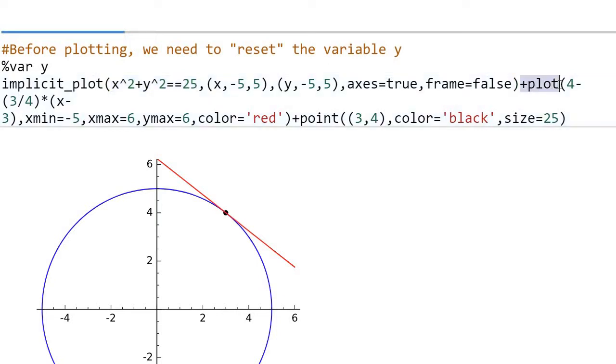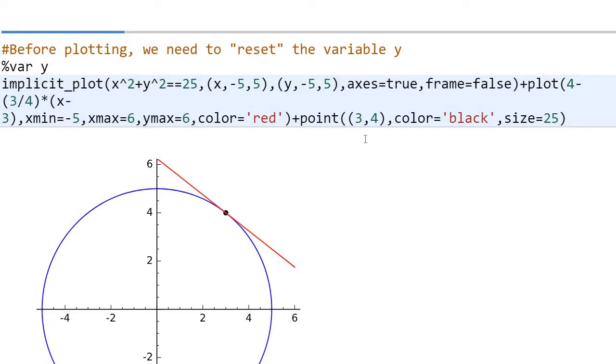And then we're just going to add on a regular plot. We don't need implicit plot to graph the tangent line. The tangent line has an explicit formula, so you're going to add on just a normal plot. And here's the formula for the tangent line, which is splitting across all these lines. Sorry about that. 4 minus 3/4 times x minus 3. Here's the regular x min, x max, y min, and y max. I didn't put a y min. I didn't need it, but I could have.